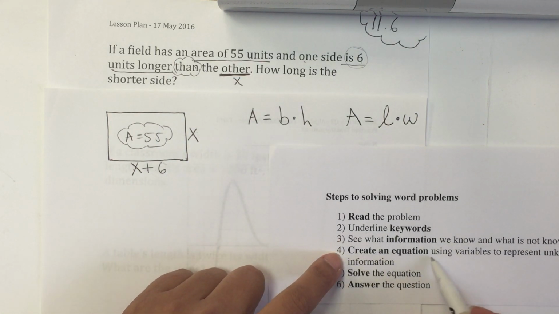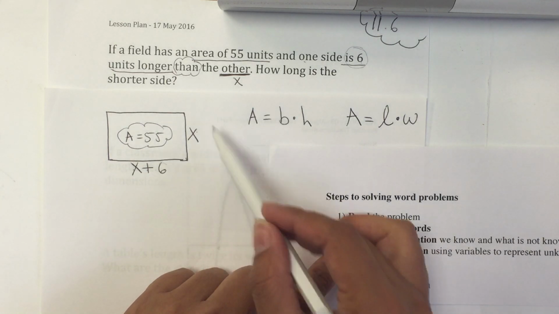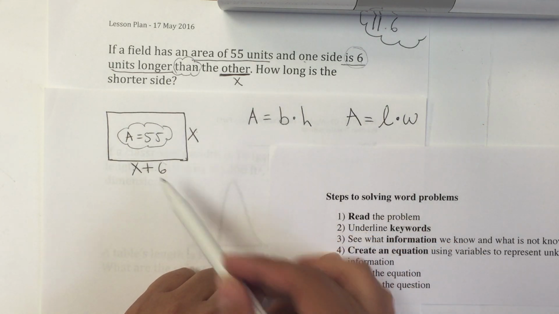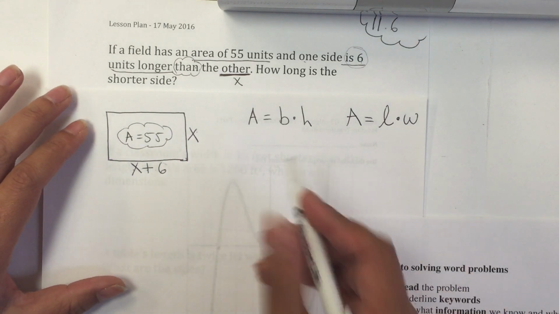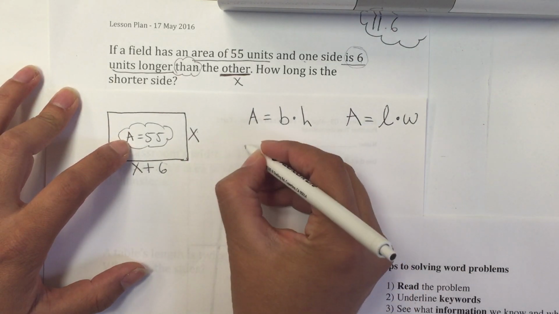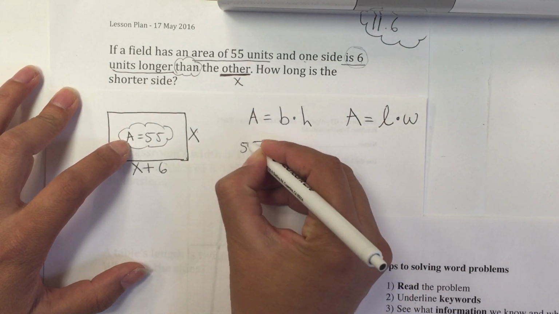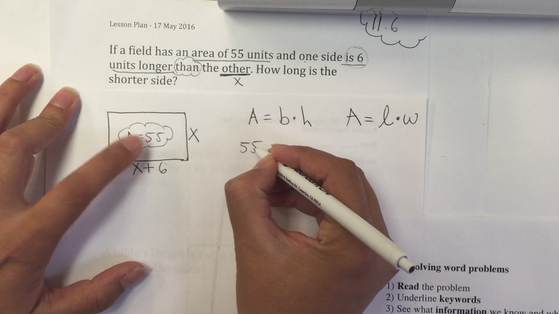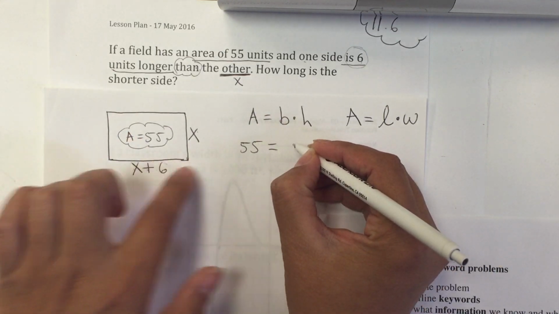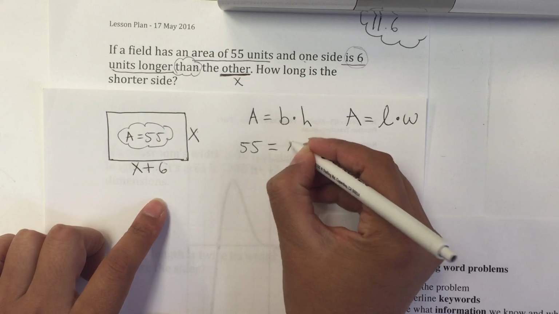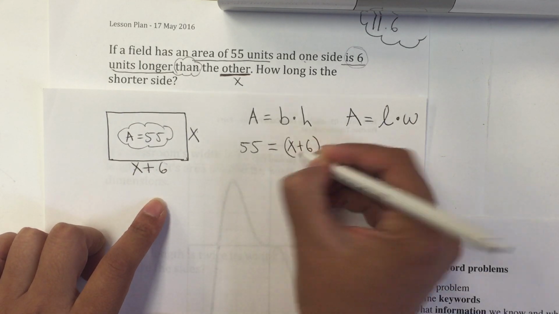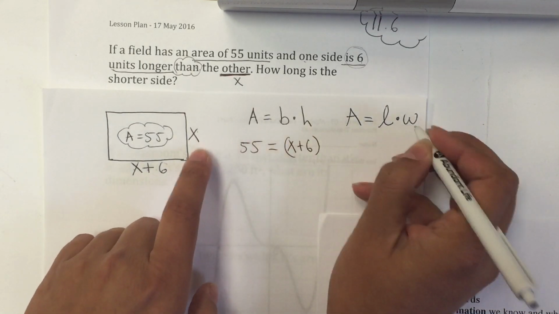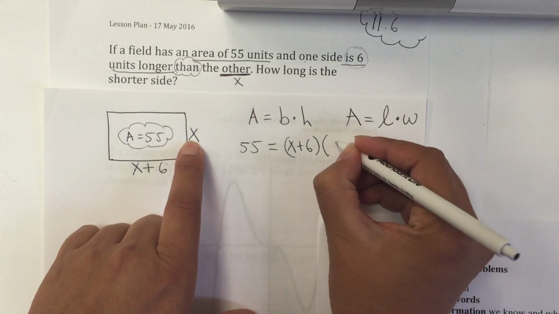So how can we create an equation using this information that we know and what we don't know? Well, the area is 55. So we're going to replace area by 55. The base or length is x plus 6. And the height or width is x.